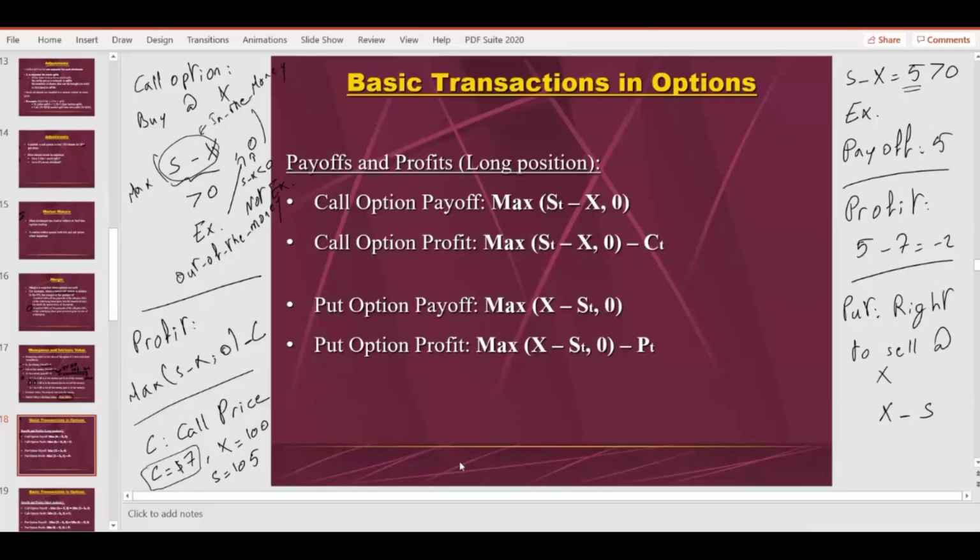In case X minus S was negative, you will choose not to exercise and you will have a payoff of 0. So the put option payoff is the maximum of X minus S and 0. The profit in this case is the payoff minus P, the price of the put option.